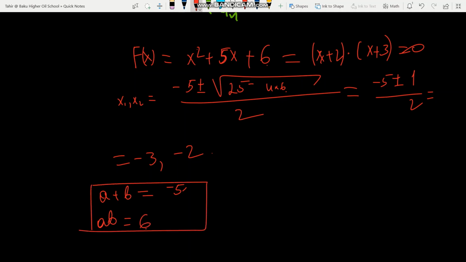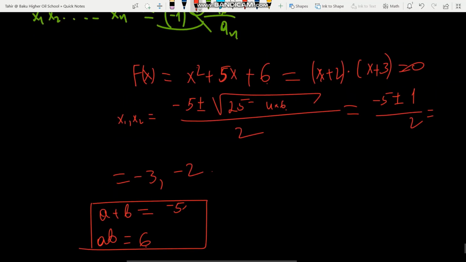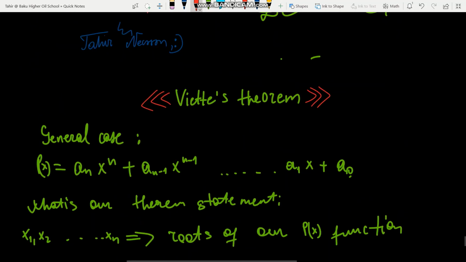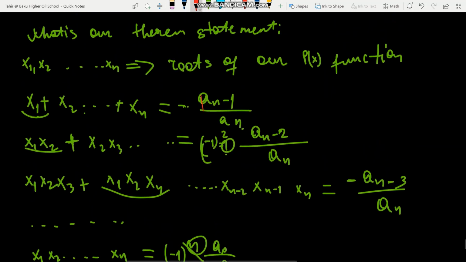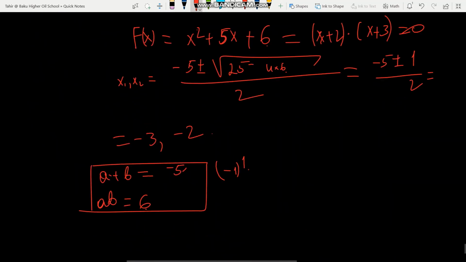What Viette's theorem states is that if we find the sums one by one, we should write minus 1 to the power 1, and we should take the coefficient of the second term in our function, which is not the maximum order, n minus 1.